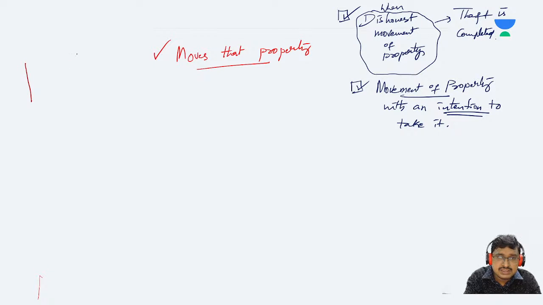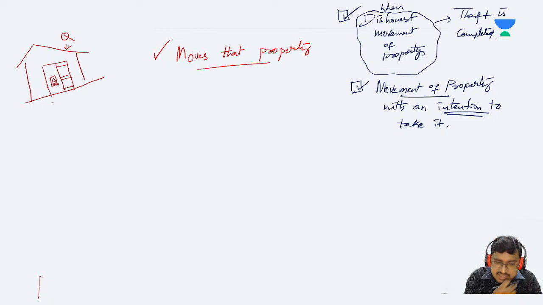Here, this is a house belonging to Mr. Q. Okay, this house belongs to Mr. Q. Now there is a mobile phone here. Mr. P has seen this mobile phone.